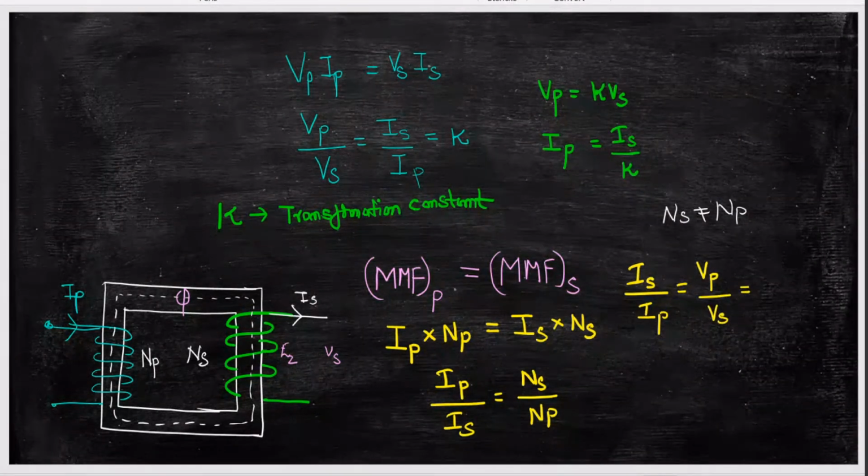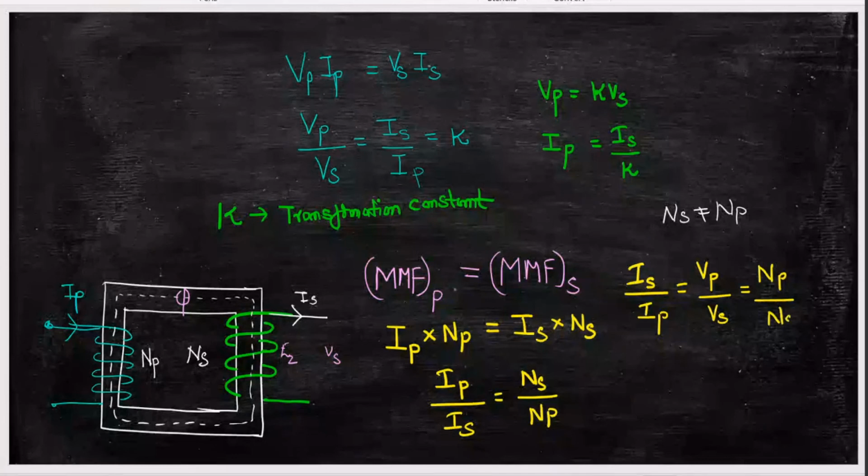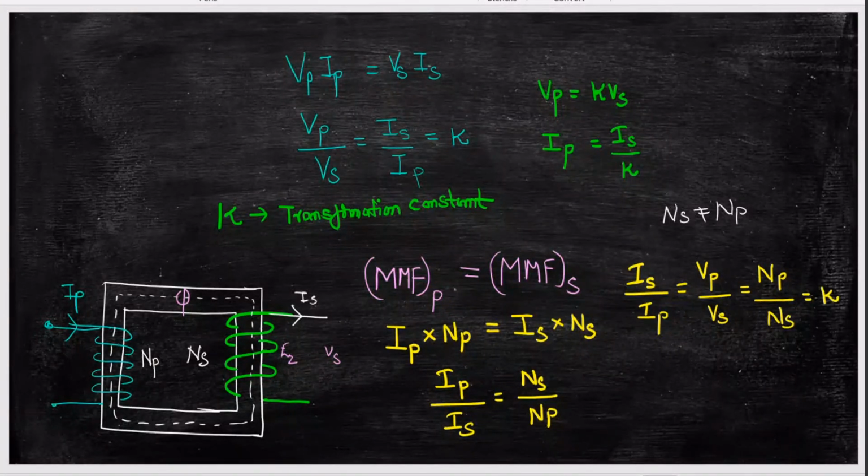From this, NP by NS, which is equal to K. So what is K? K is nothing but your transformation constant.